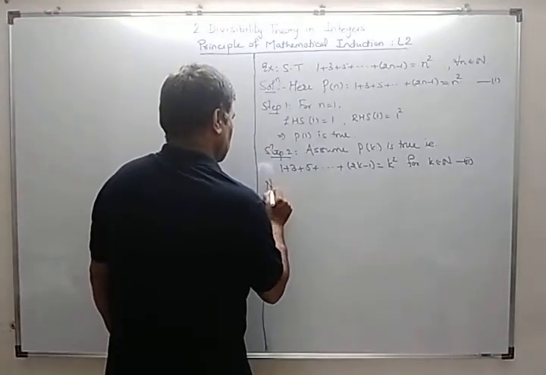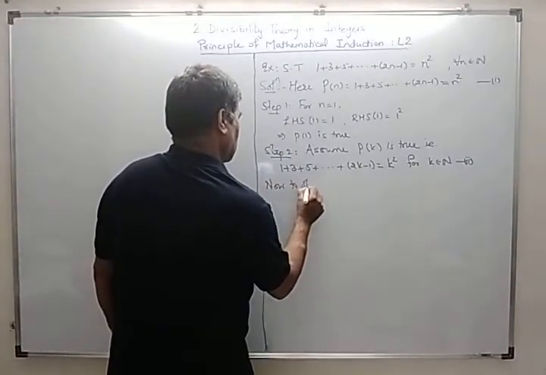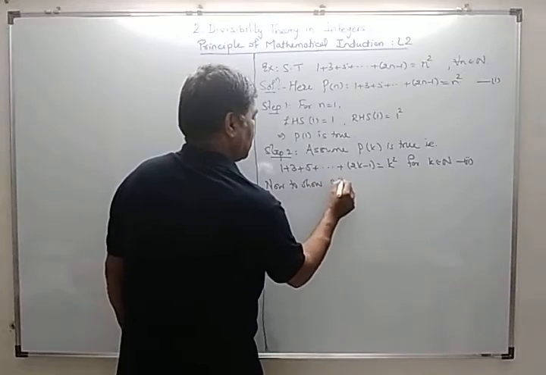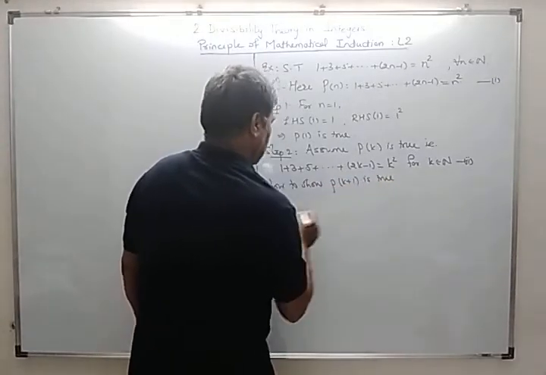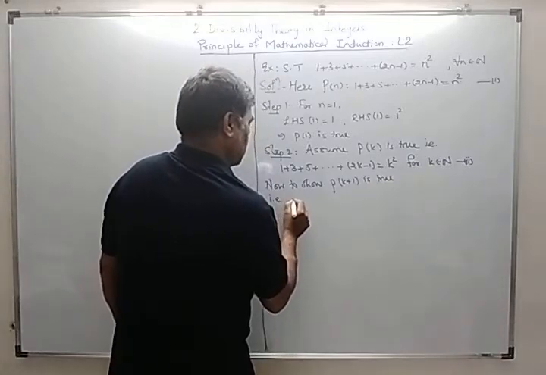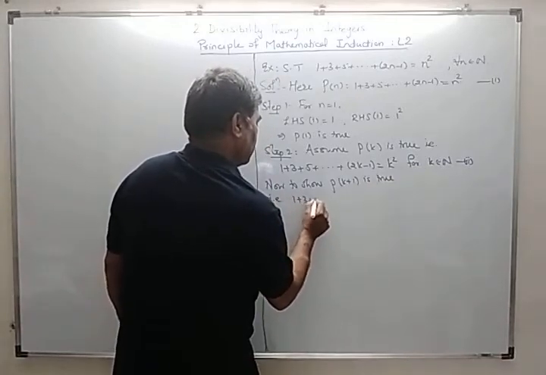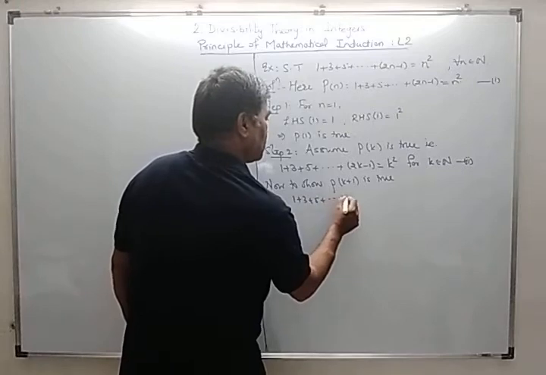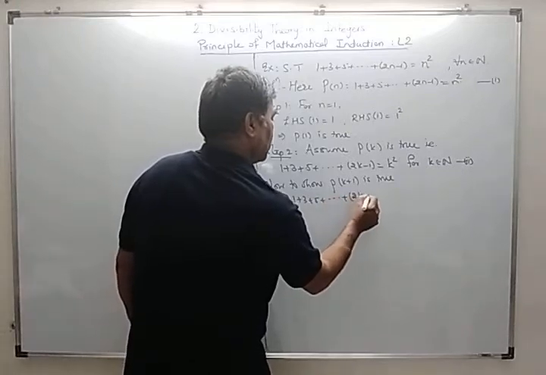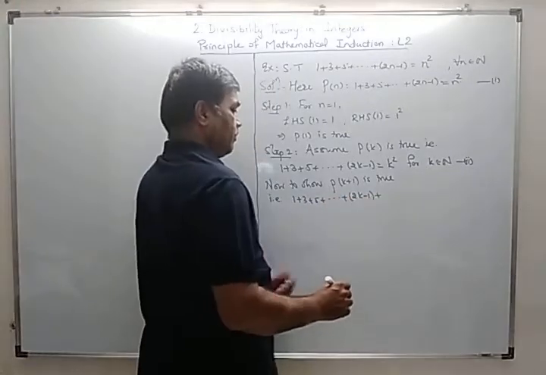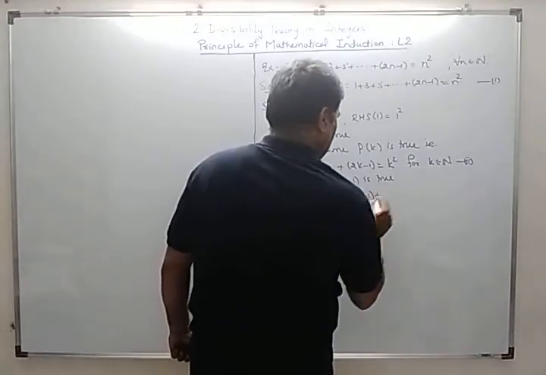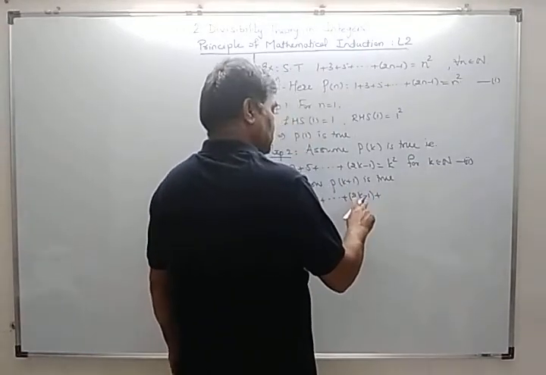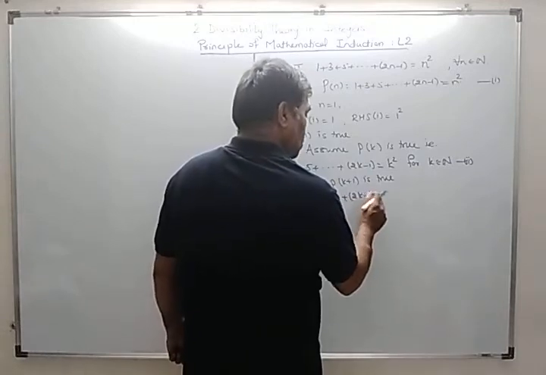Now to show P of k plus 1 is true, that is, 1 plus 3 plus 5 plus dot up to 2k minus 1, and the next, the k plus 1th odd number, is 2k minus 1 plus 2.